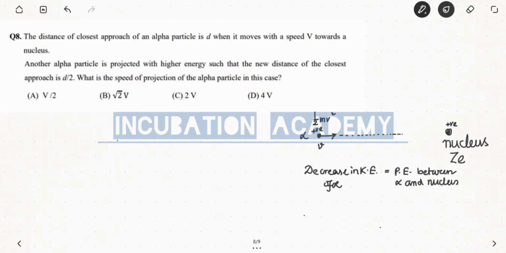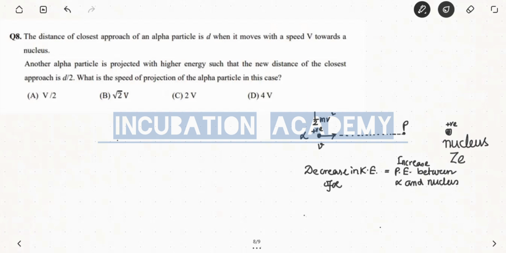Let us say when it reaches here at the point P, the complete energy, or we can say the fuel, of the alpha particle is used up completely in overcoming this strong force of repulsion. So the kinetic energy decreases and the potential energy between the nucleus and the alpha particle increases.